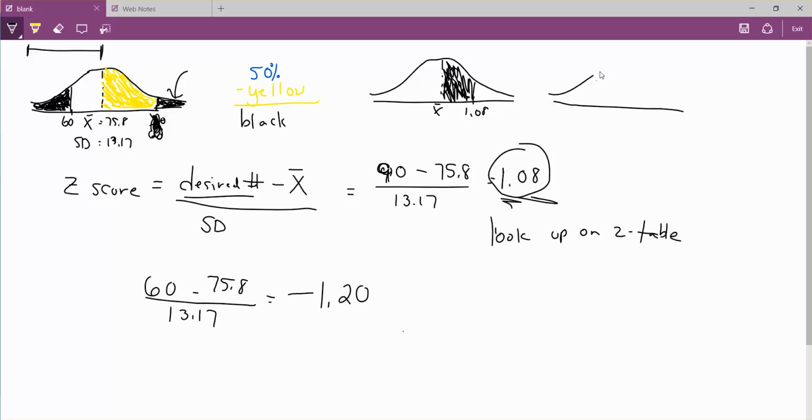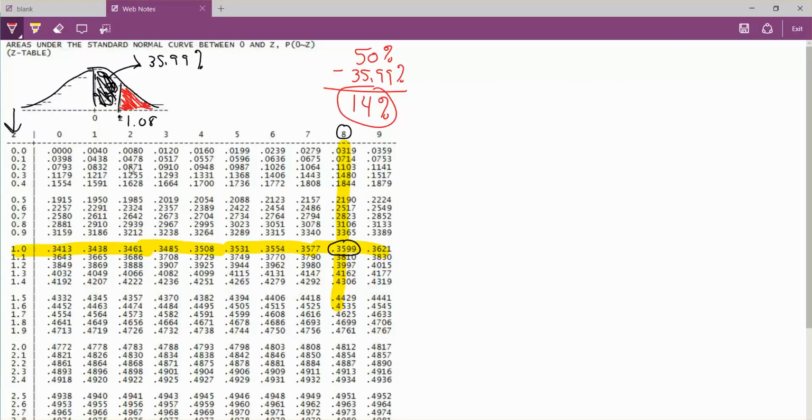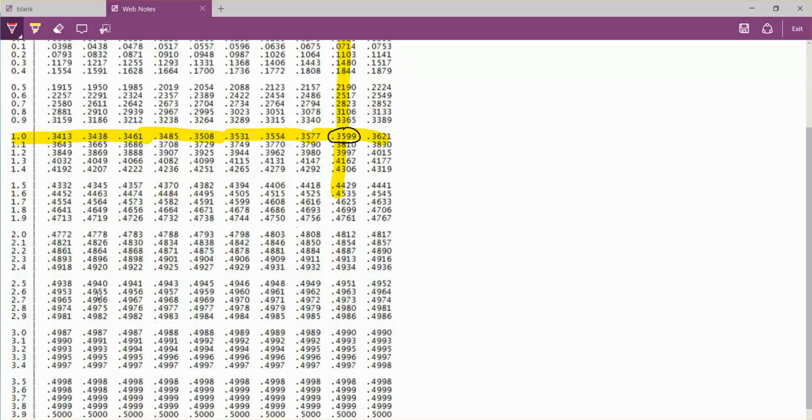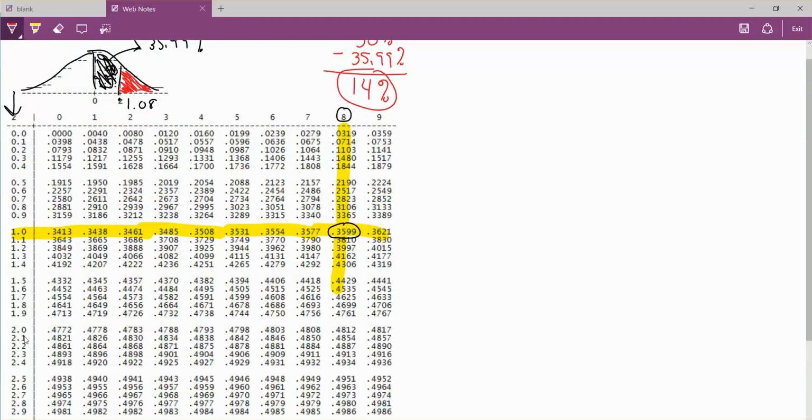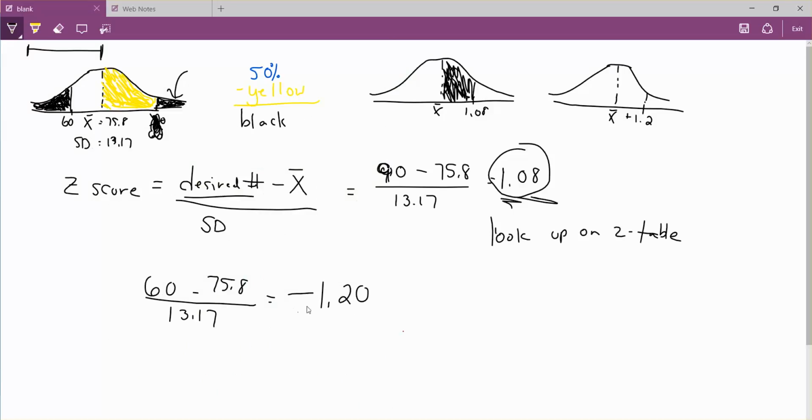So now when I go to my z table, let me first pop to my z table and hope it works. Okay, if you look at the z table, you'll notice there are no negative z numbers over here. So that's problematic because I got a negative z number.